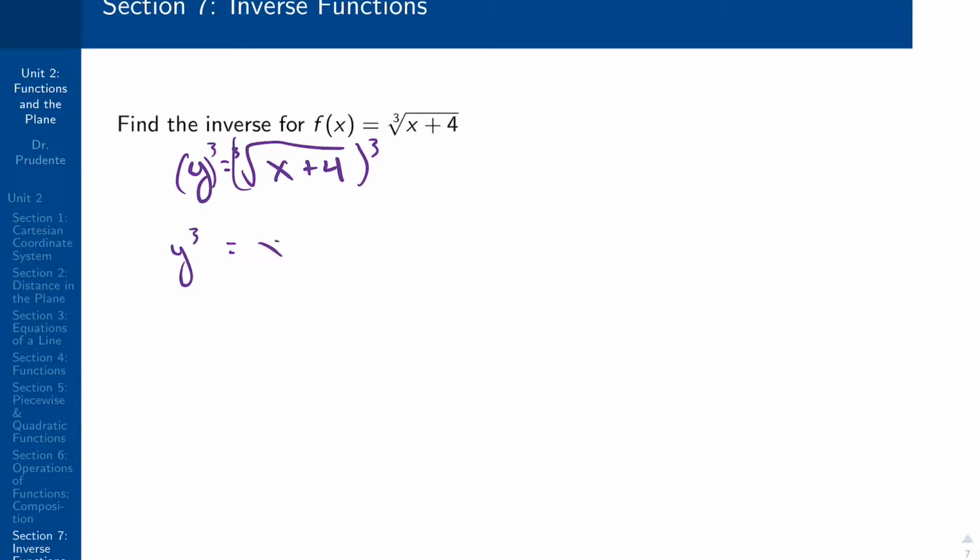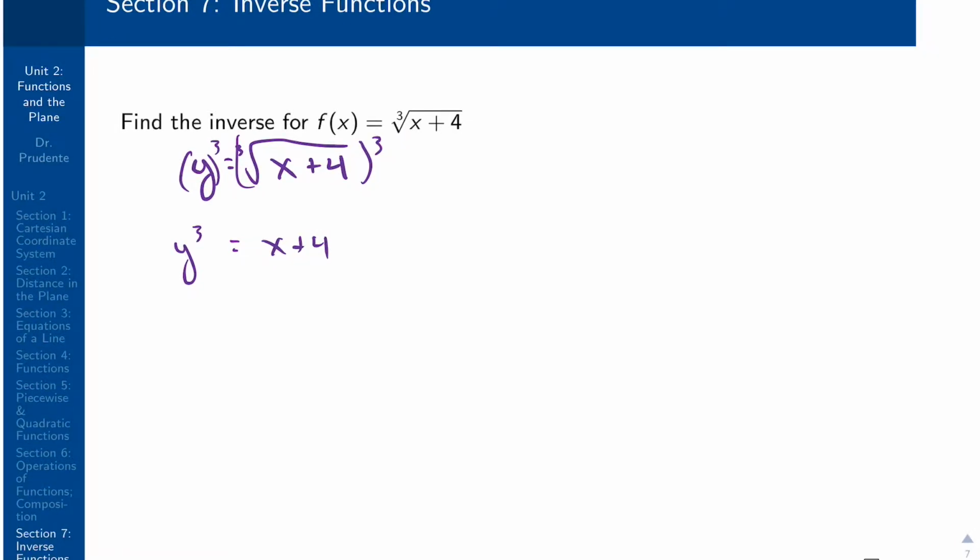Y cubed is equal to x plus 4. I'll subtract a y cubed over, and I'll subtract an x. So I'll get negative x is equal to 4 minus y cubed. And I want to solve for x, so I can multiply everything by a negative. So I'll get x is equal to negative 4 plus y cubed.